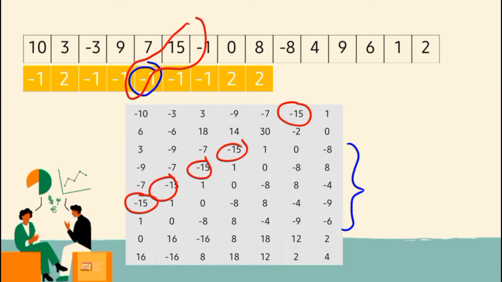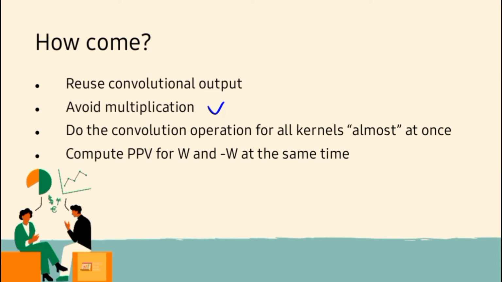Instead of calculating -1 times 15 5 times, we can just use it once, put it in an array, and call it repeatedly. After we get this matrix C hat, we just need to take the column sums. So that's why MiniRocket can reduce the multiplication steps. Okay, that's the second one.